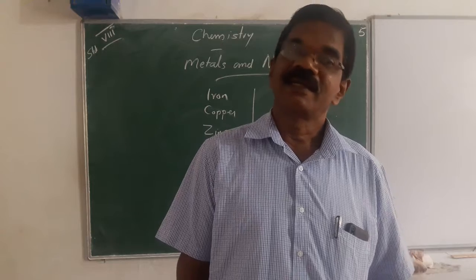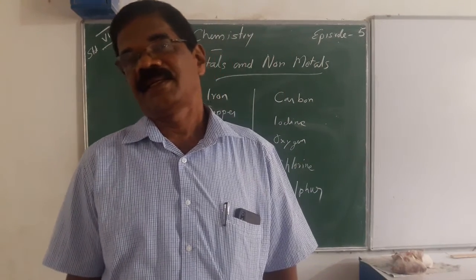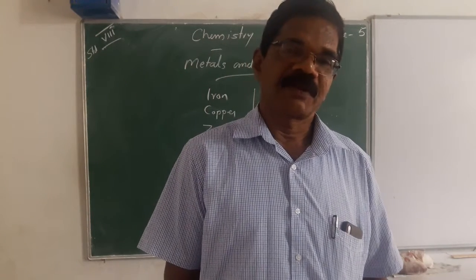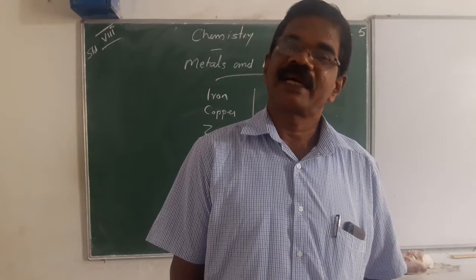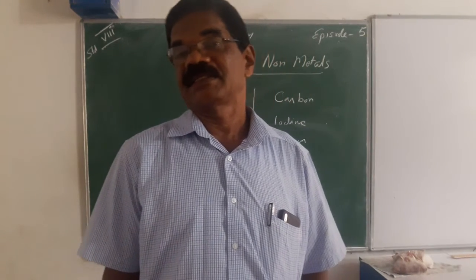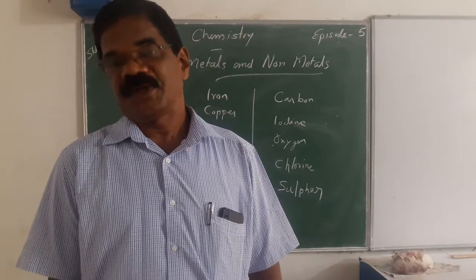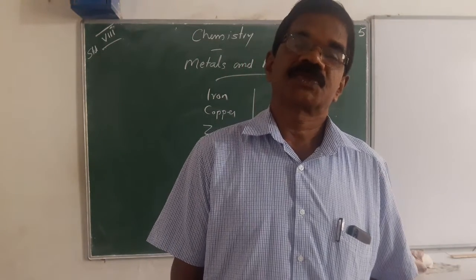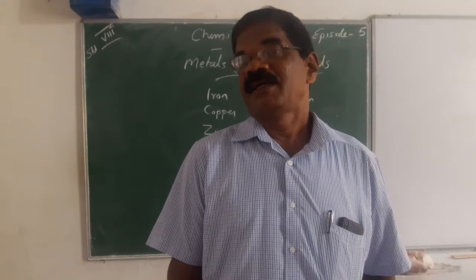At present, about 118 elements have been found. Out of 118 elements, more than 80 are metals and more than 20 are non-metals, and some other elements show both the properties of metals and non-metals.